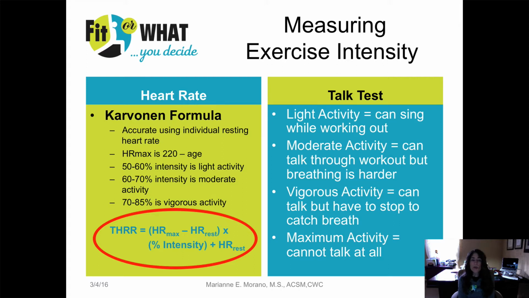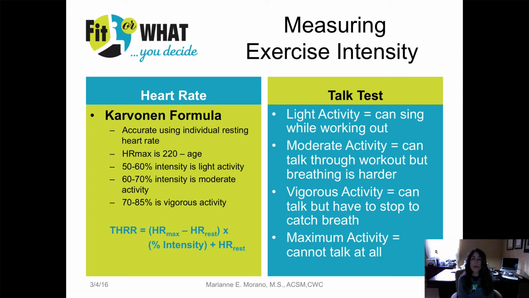The Karvonen formula uses the same principle, but it incorporates your resting heart rate, which takes into account individuality. Since we all have a different resting heart rate, we can calculate more accurately if we incorporate that into the formula. So this is known as the heart rate reserve method, or the Karvonen formula.